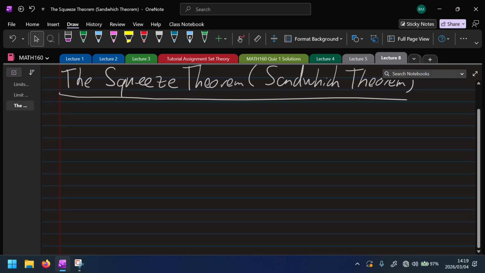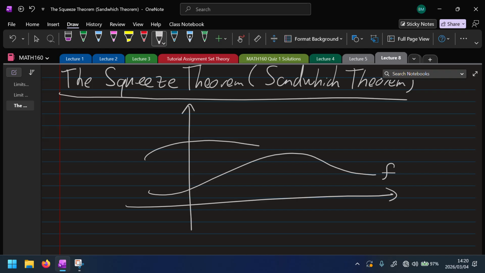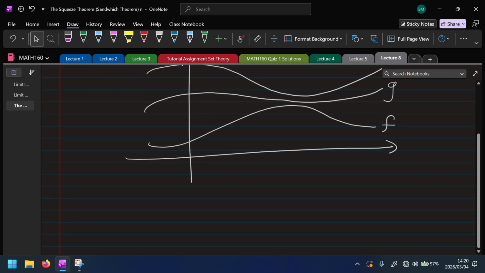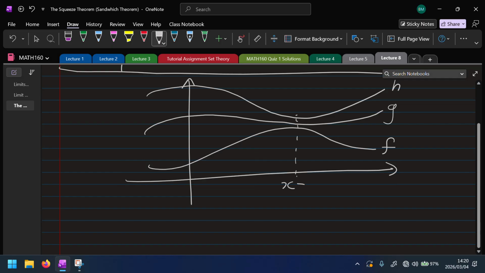So let's say we have three functions, f, g, and h, in the following order. We're going to have f at the bottom, then g in the middle, and h on the top. It must be in that order, otherwise you're going to get things wrong. And we are interested in this point over here at x equals a.